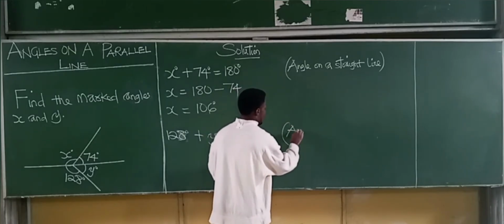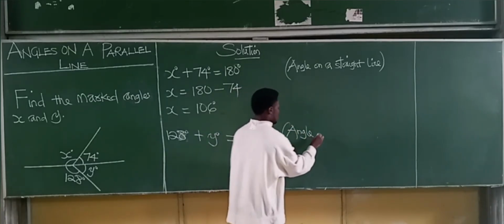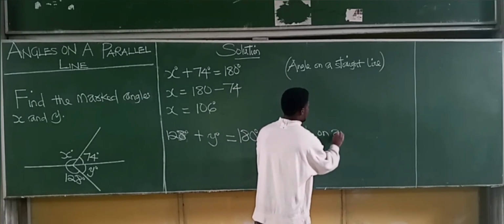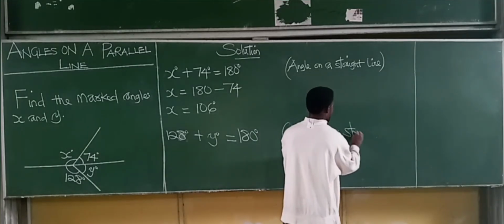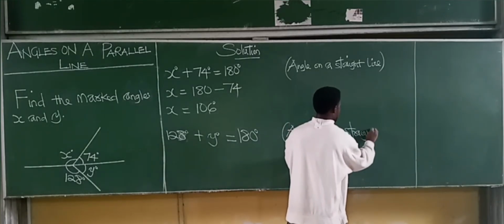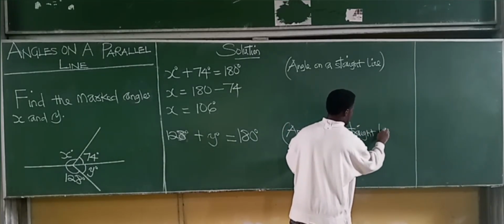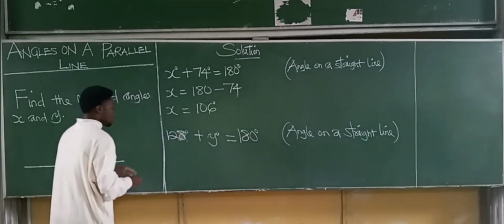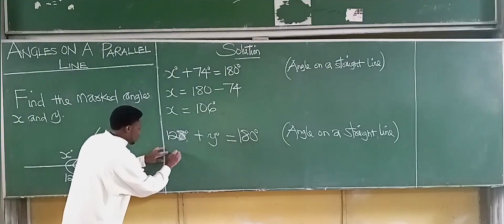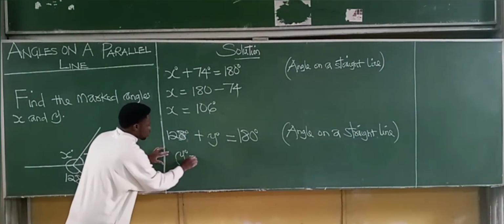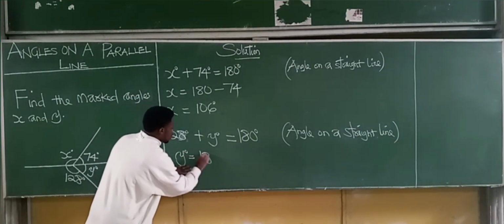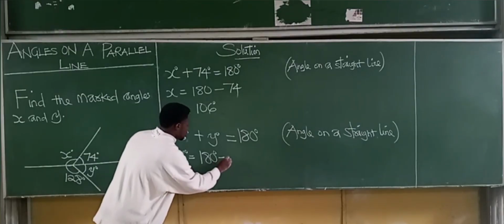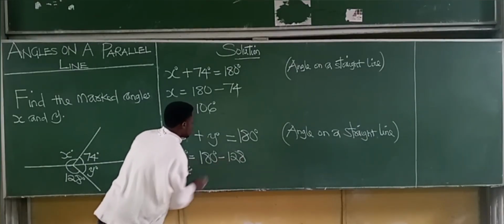Reason: angles on a straight line. Therefore, making Y the subject, Y degrees is equal to 180 minus 128.